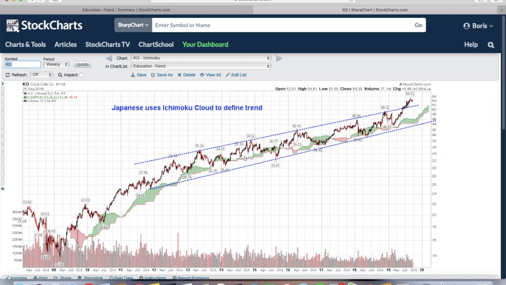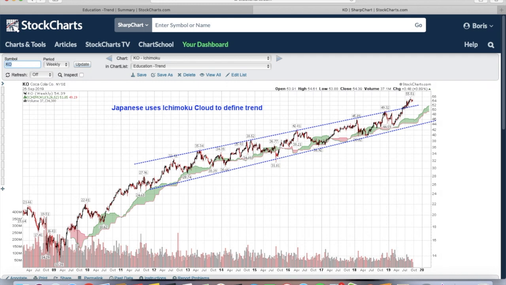Sometimes price could drop below the cloud, but it doesn't mean the trend changed, because it gives the investor a buying opportunity. When price moves back up above the cloud, the uptrend has been reconfirmed.